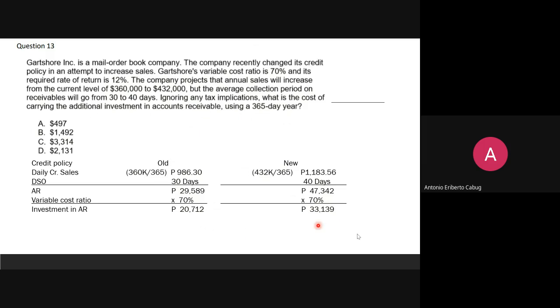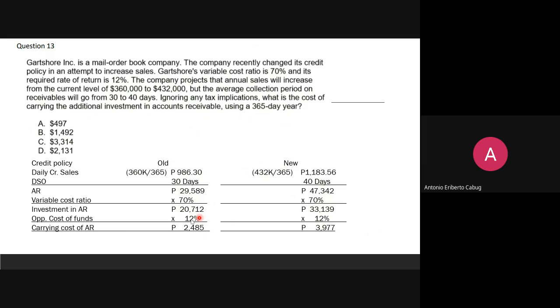Pambayad ng utang, pang-invest, whatever. We could have earned or saved 12% from the money invested there. The carrying cost of AR, 2,485 under the old system. Under the new policy, it's 3,977. Okay, that's a difference of 1,492.